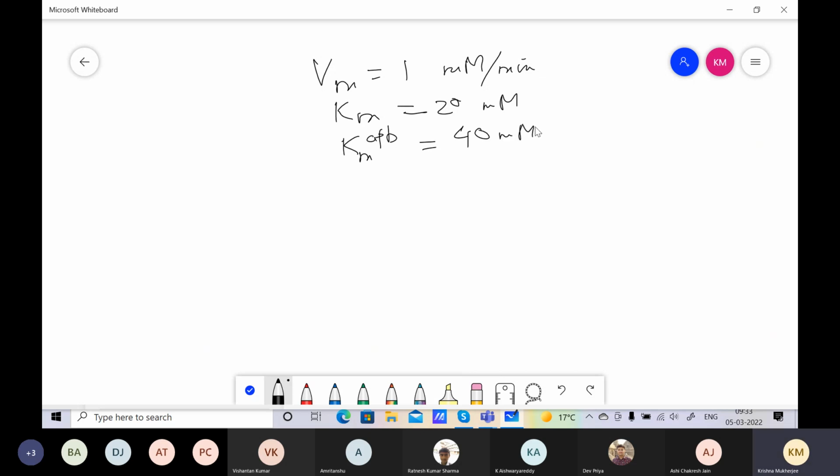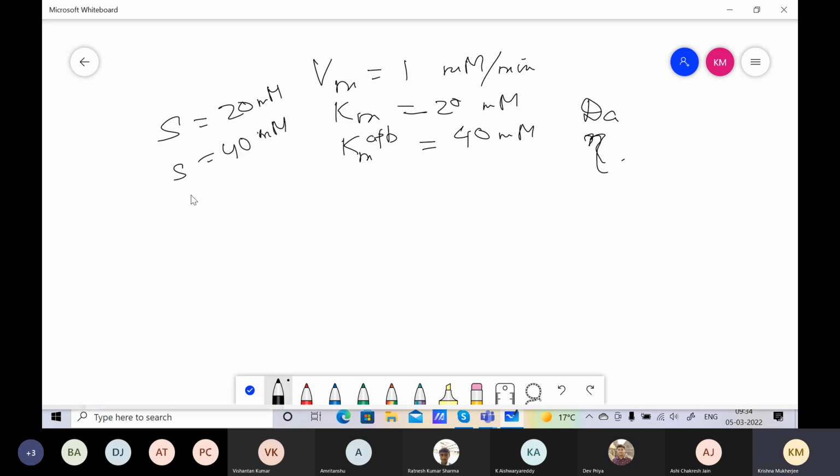This is what I measured in my lab when I have mass transfer. And I want you to find out the dA values and efficiency when S is equal to Km, when S is equal to 20 and when S is equal to 40.